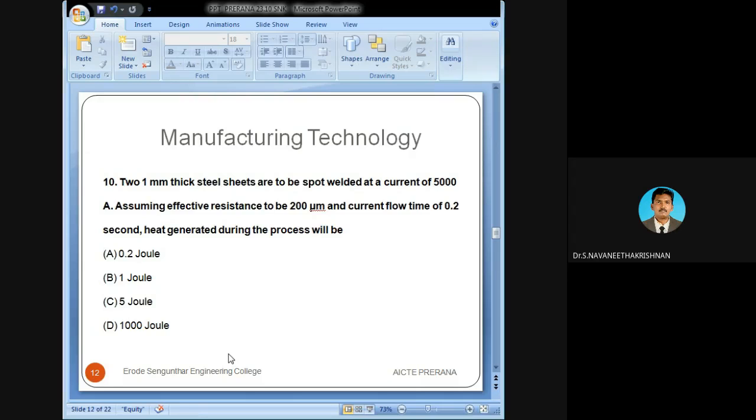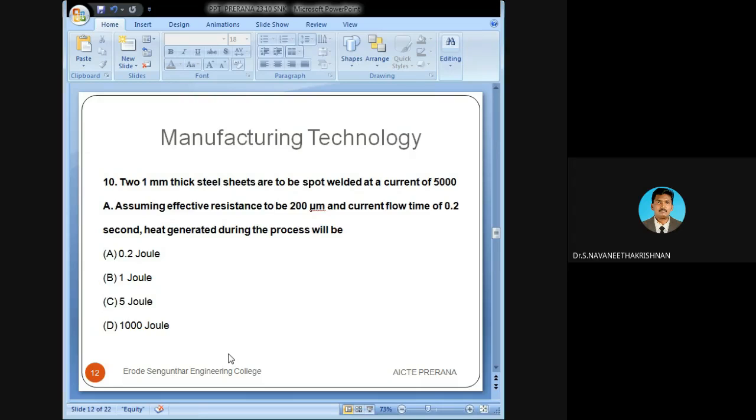The answers: answer A is 0.2 joule, answer B is 1 joule, answer C is 5 joule, and the last answer D is 1000 joule.